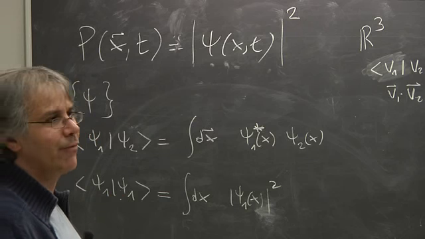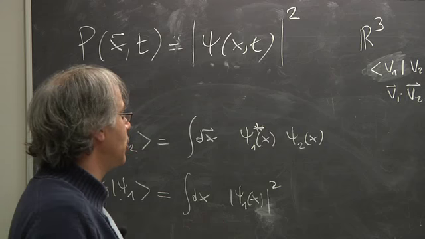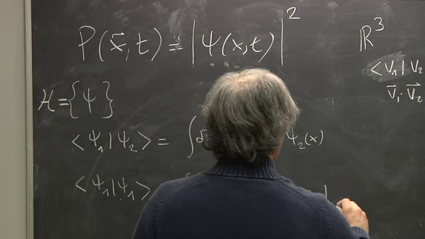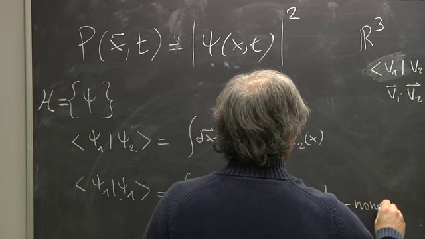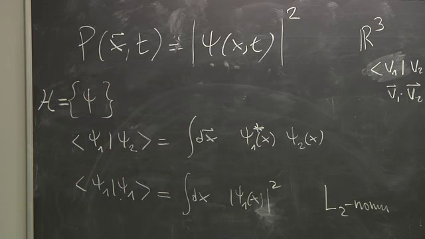In fact, it's a very well-known norm. It is called the L2 norm. There are many ways of defining what is the length of a function, and this is one.